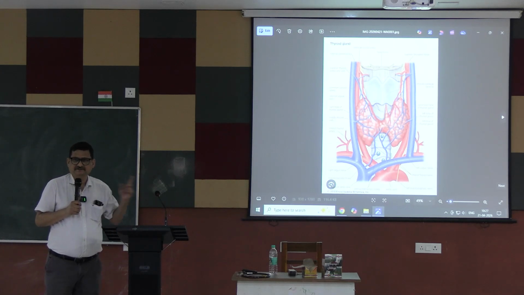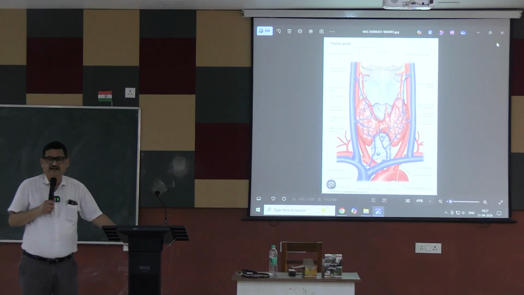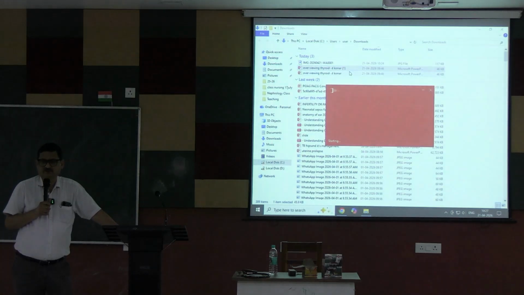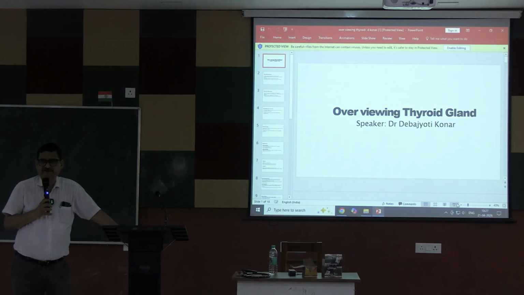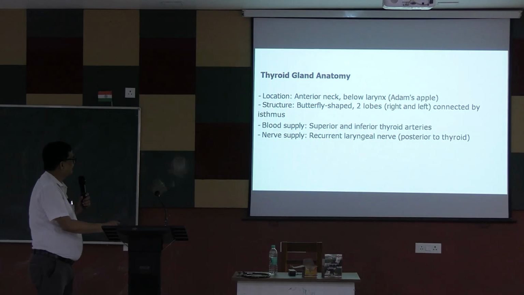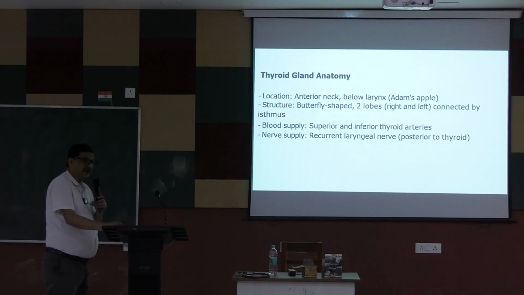The anatomical parts are three: right lobe, left lobe, and one middle part, that is the isthmus. It lies below the larynx and Adam's apple, a butterfly-shaped structure with two lobes. Blood supply is the superior and inferior thyroid arteries, and the nerve supply is the recurrent laryngeal nerve, posterior to the thyroid.